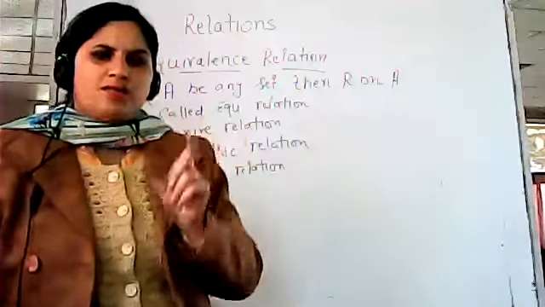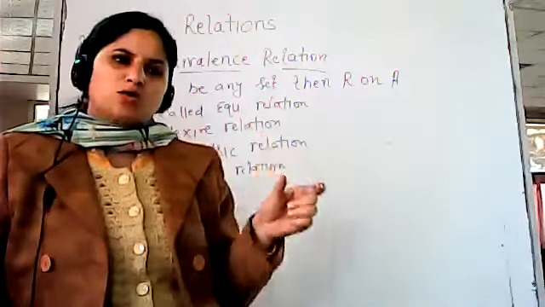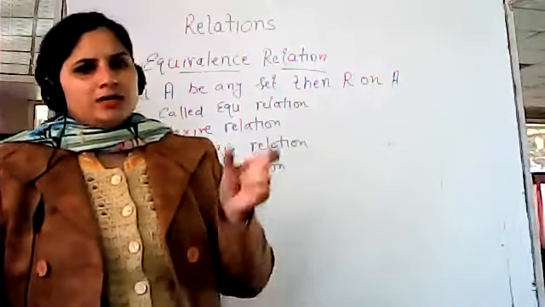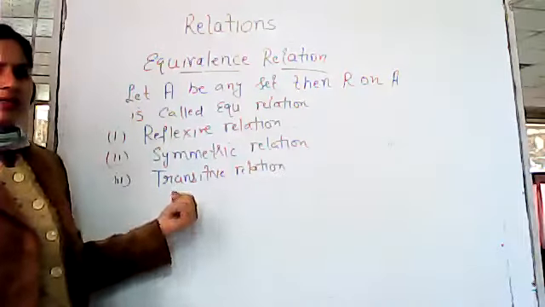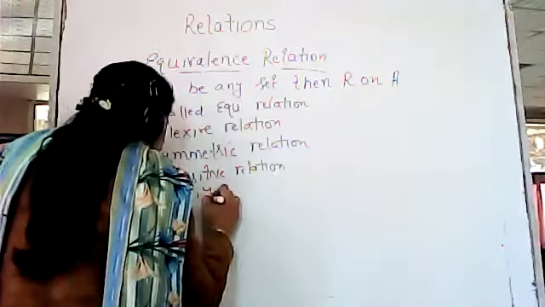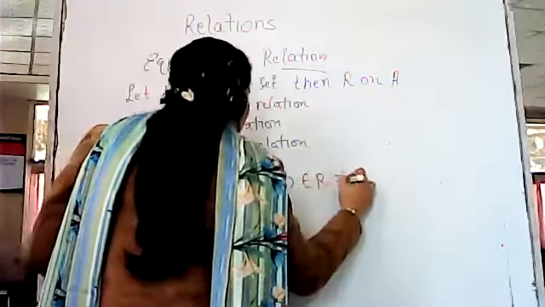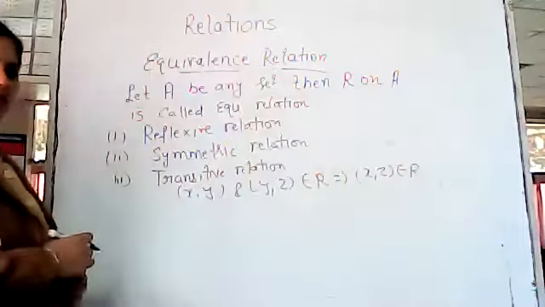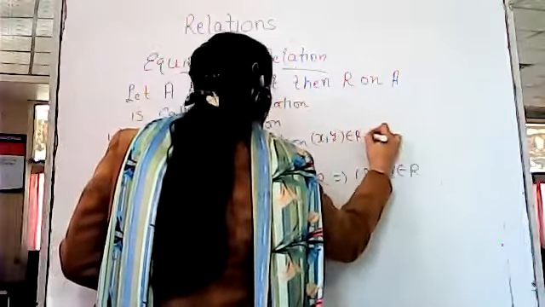If x, y belongs to R, it means y, x is also present in R. That is, the inverse of every ordered pair is also available in the same relation. And what is the condition for transitive? If x, y and y, z are taken from relation R, then x, z must also be available in the same relation.